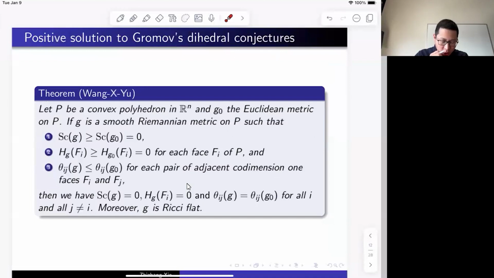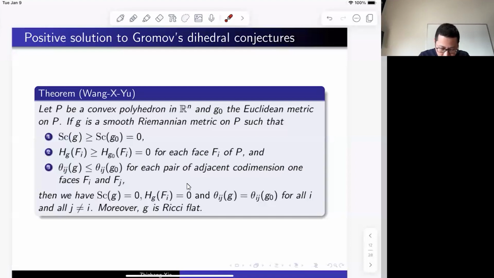Now, this conjecture is confirmed. It's true in this form, in complete generality. This is joint work with Jinmin and Guoliang. We show that Gromov's dihedral extremality and rigidity conjecture is true.